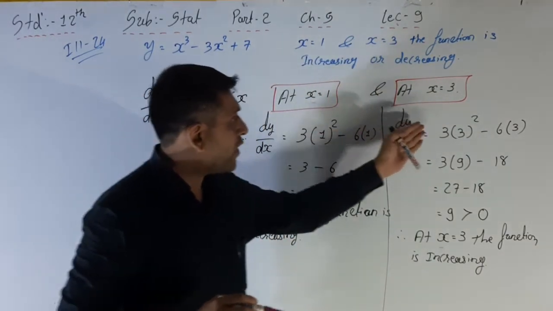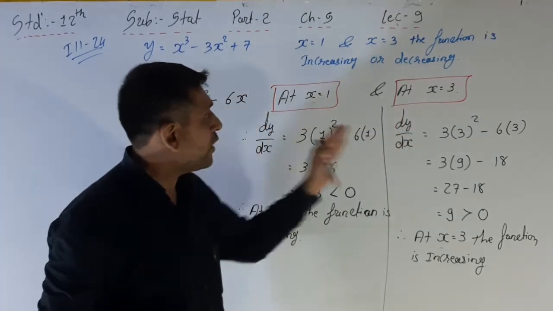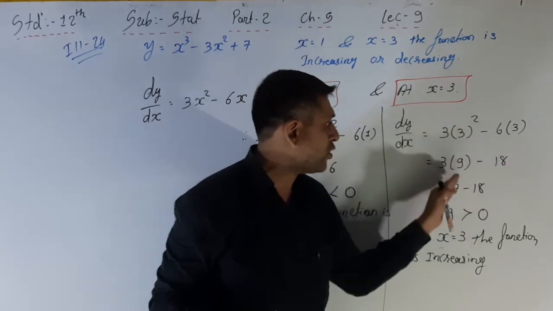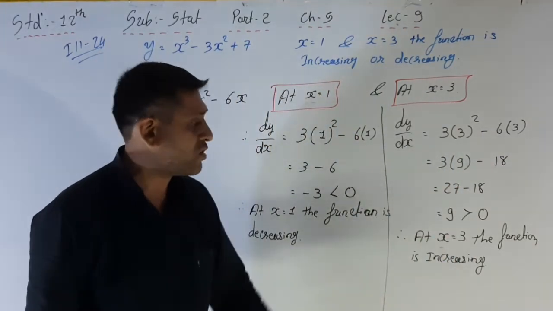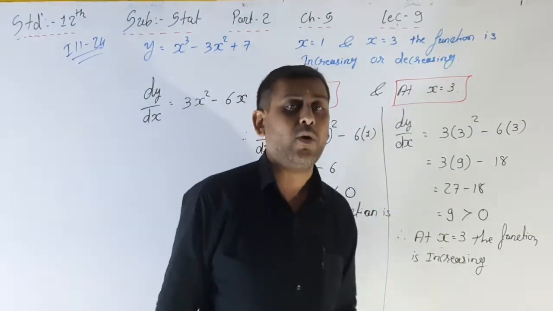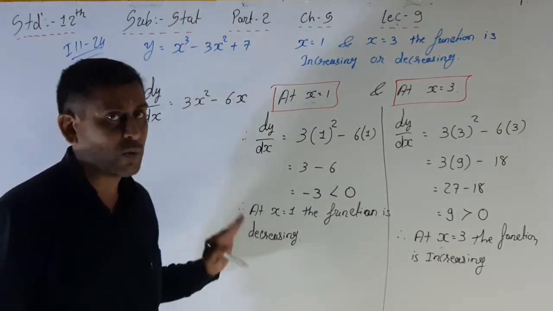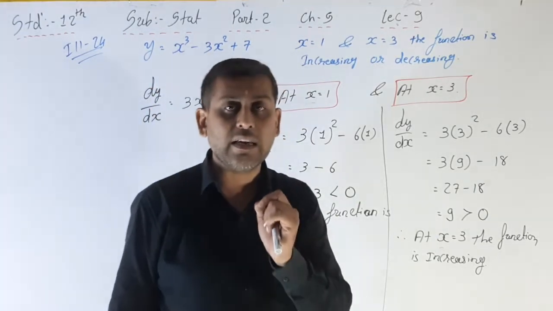See here, in dy by dx I am putting the value of 3 here. 3 into 3 square minus 6 into 3, 6 3s are 18, 3 3s are 9, 9 3s are 27. The minus answer is 9, and that's why it is positive. That's why we can say at that point the function is increasing. Here the answer is negative. That's why at that point x is equal to 1, the function is decreasing.